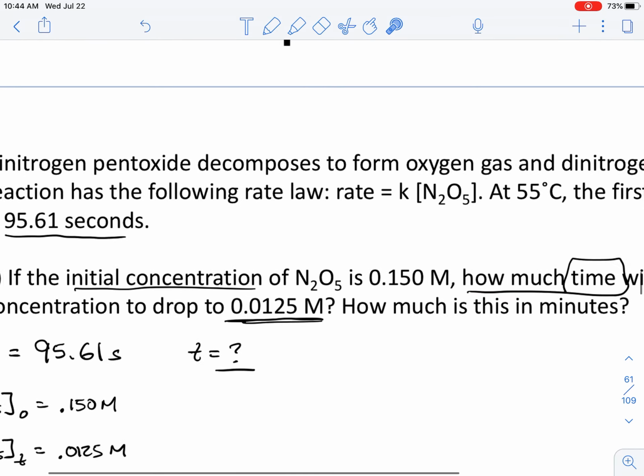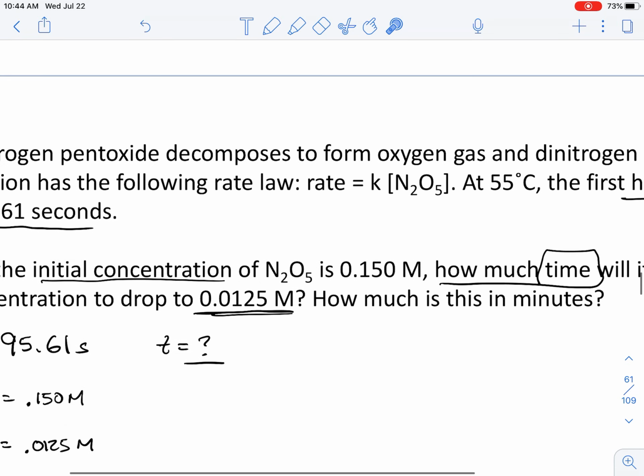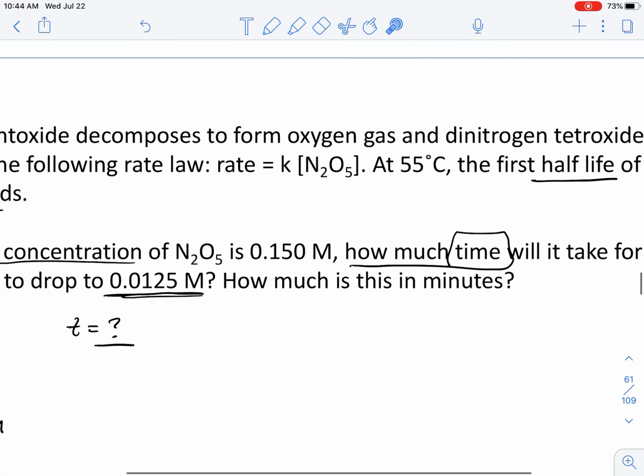And so looking at this question in greater detail, notice that the rate law was given to us. And remember that the rate law describes the order of reaction. Looking at dinitrogen pentoxide, notice how there's no number in the exponent.